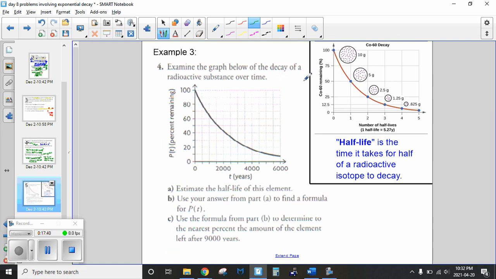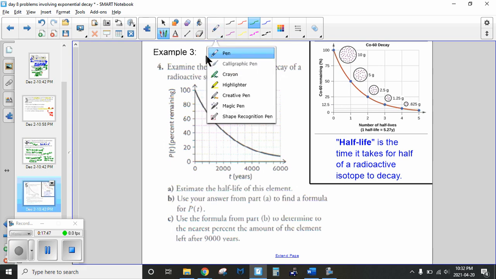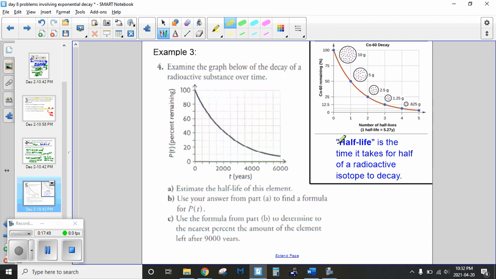So I've just added a picture to this slide and a definition for half-life, in case that's not something you've heard of before. So half-life is the time it takes for half of a radioactive substance to decay. So the example here, this is cobalt-60, which is radioactive. At time 0, we're starting with 10 grams of it, or 100%.